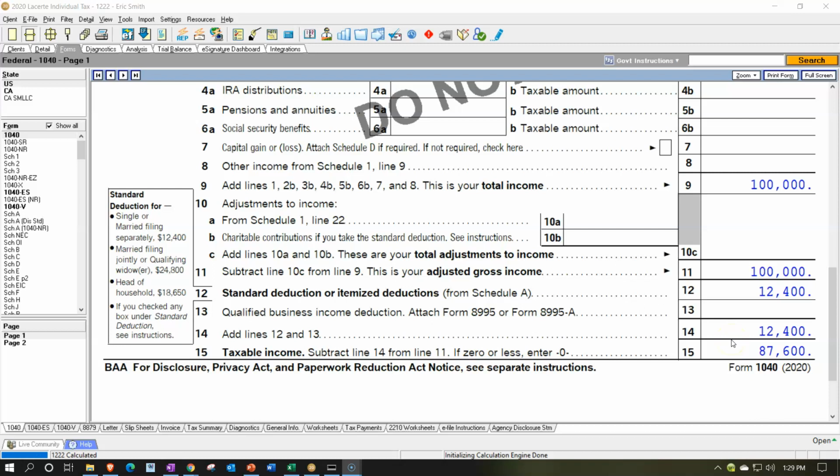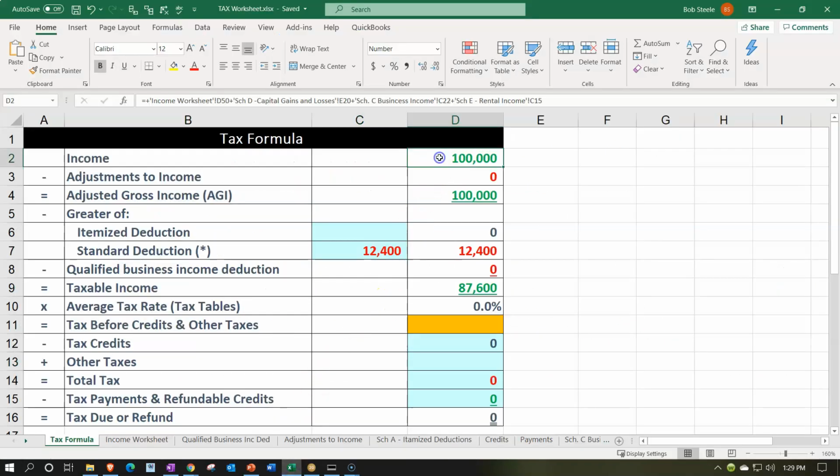We want to start off with the W-2 wages and then switch over to self-employed, which would be Schedule C oftentimes, to then think about what the health coverage would be related to it. So if we take a look at that on our Excel worksheet, we got the 100,000, standard deduction 12,400, for the 87,600 on the taxable income.